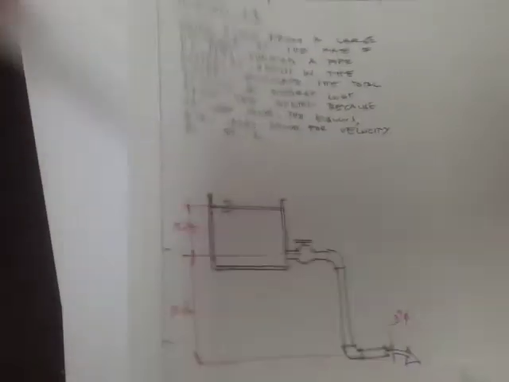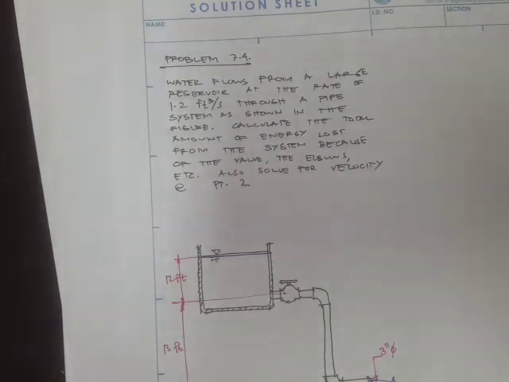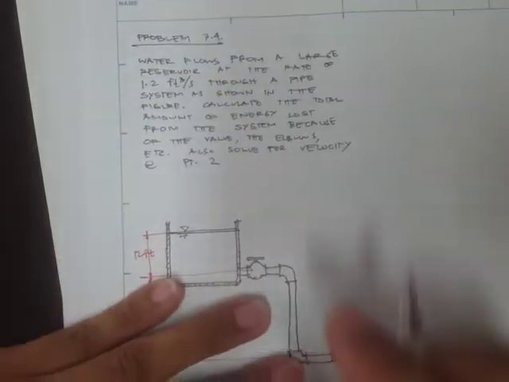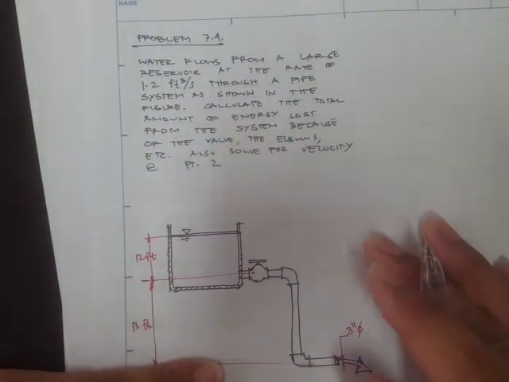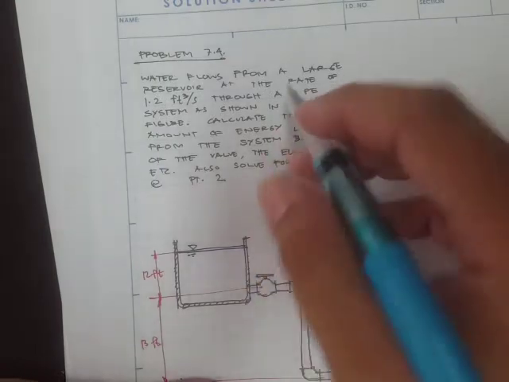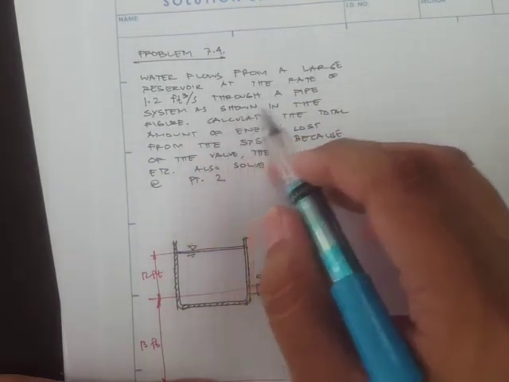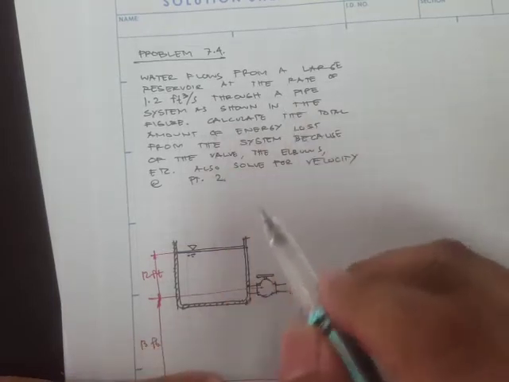For our first problem, we have this problem taken from the textbook by Mott and Untener. The problem says: water flows from a large reservoir at the rate of 1.2 cubic feet per second through a pipe system as shown in the figure.